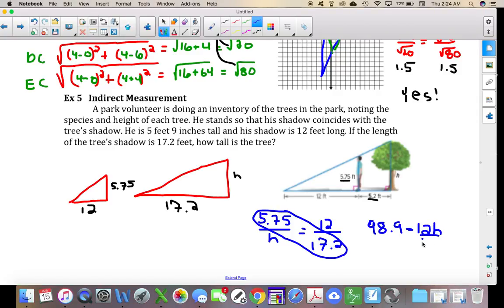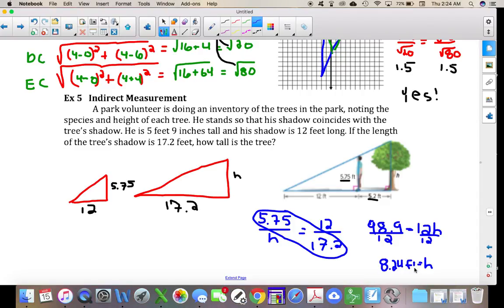And then I just divide by 12, just like we've always done. And H is 98.9 divided by 12, which is 8.24. That's not a very tall tree. Must be a little baby.